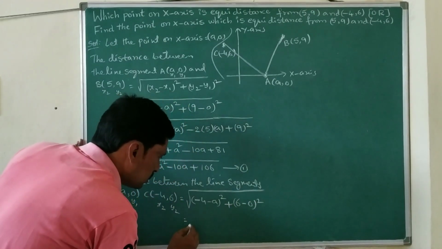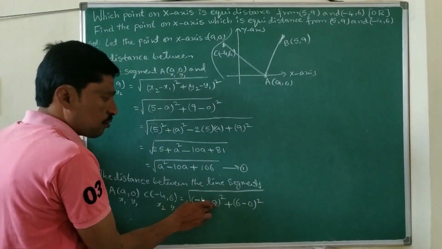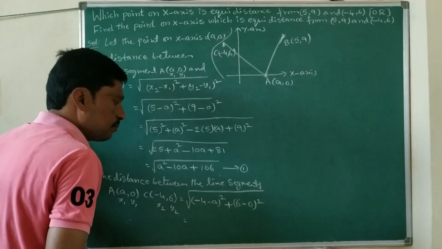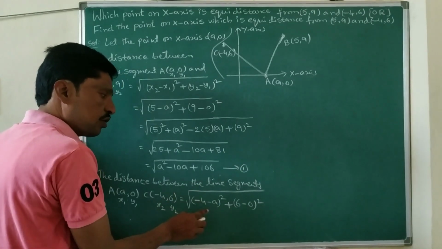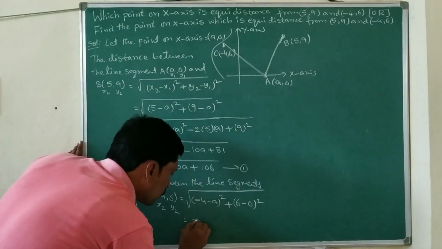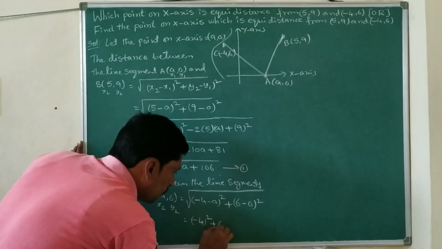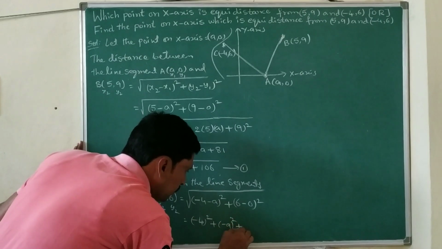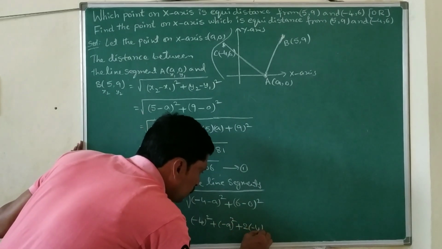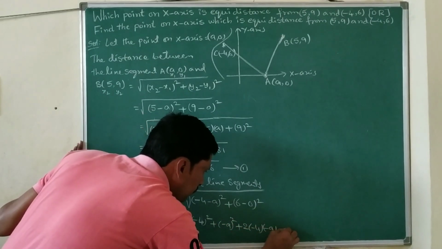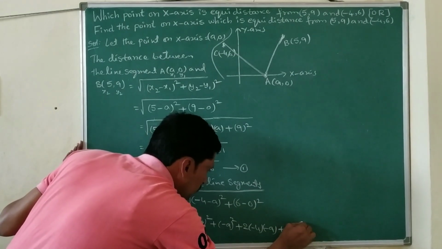Now here we have to use the (a plus b) whole square formula. Here a means minus 4, b means minus a, so minus 4 whole square plus minus a whole square plus 2 into minus 4 into minus a, plus 6 whole square, under root.